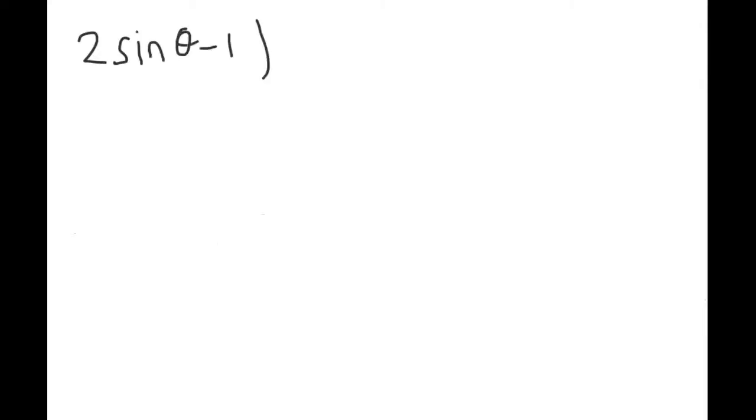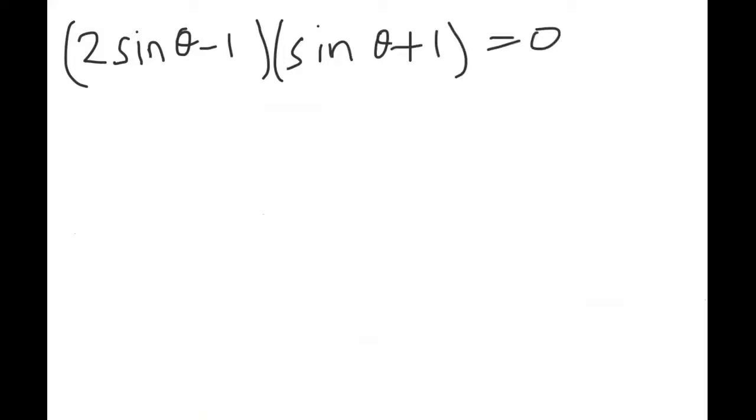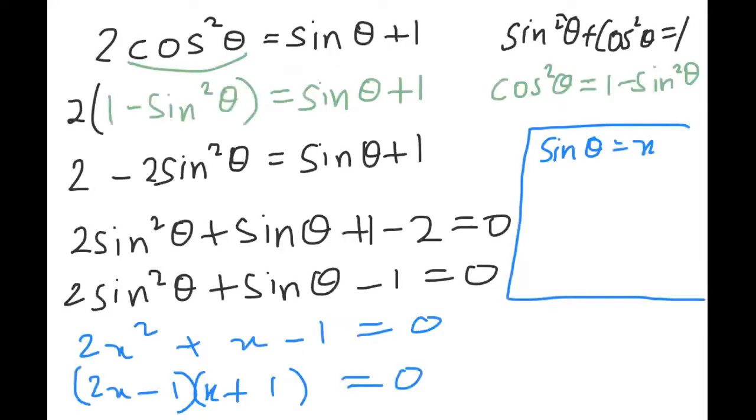So that's what I'm going to get. Just keep in mind what I have done now. I just put this sine of theta equal to x back into here. And that's why I'm going to get here 2 sine theta minus 1 and sine theta plus 1.